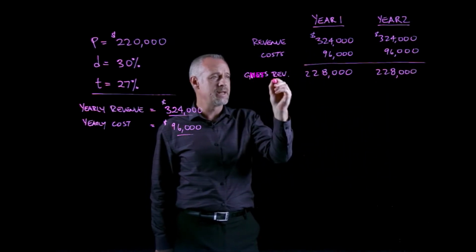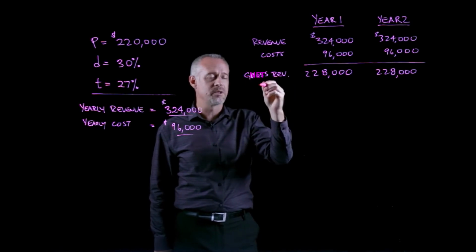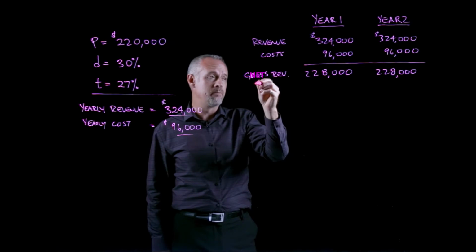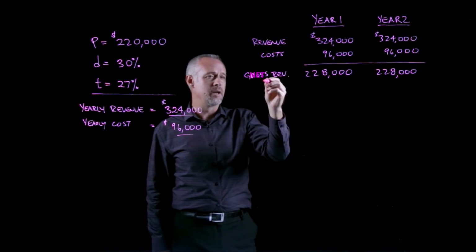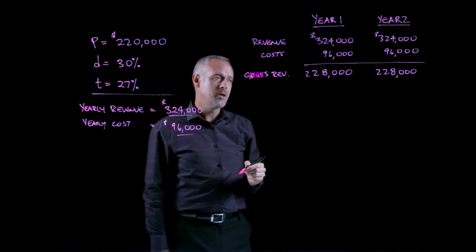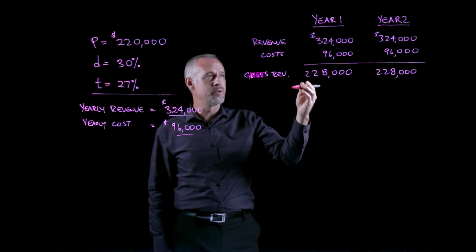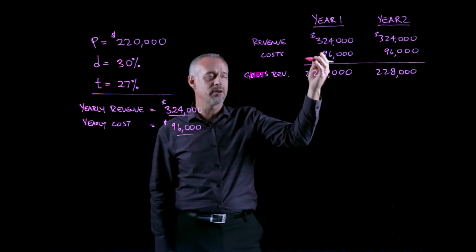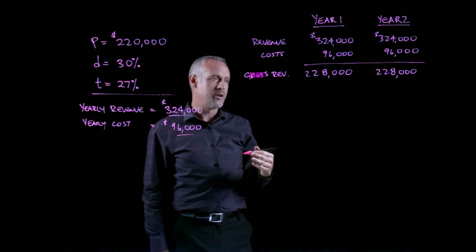At this point in an income statement, different companies use different terms. Sometimes this would be revenue from operations. It can have different names depending on the industry, but generally speaking, it's a result of subtracting the direct costs from the direct revenue. But we're not quite done yet in our income statement.